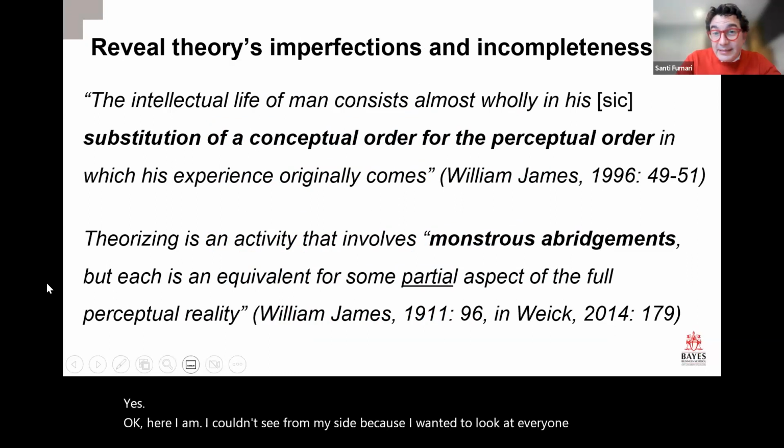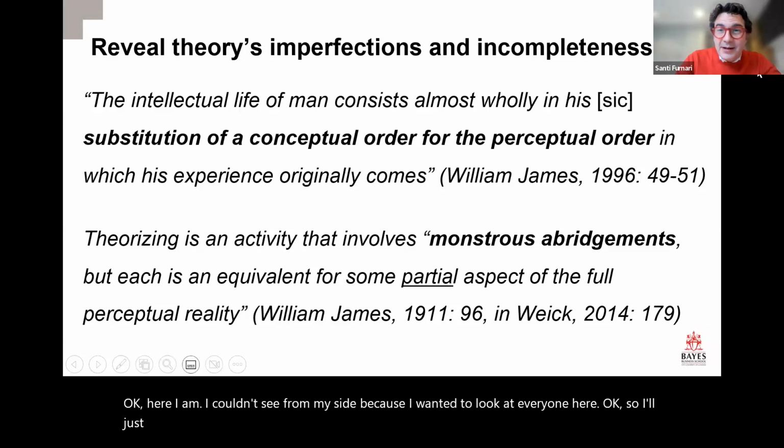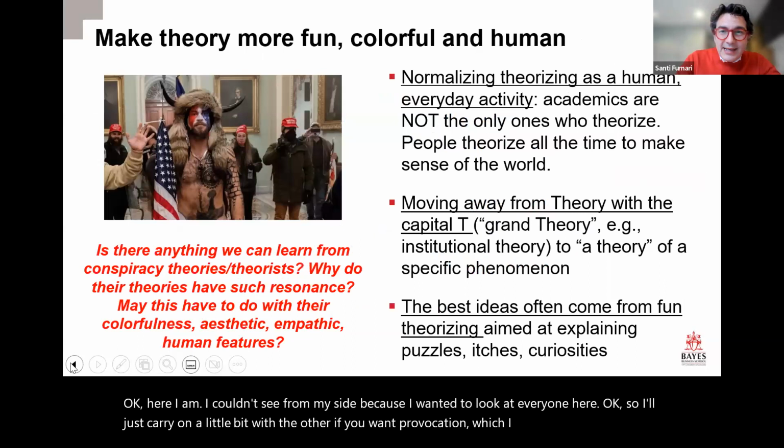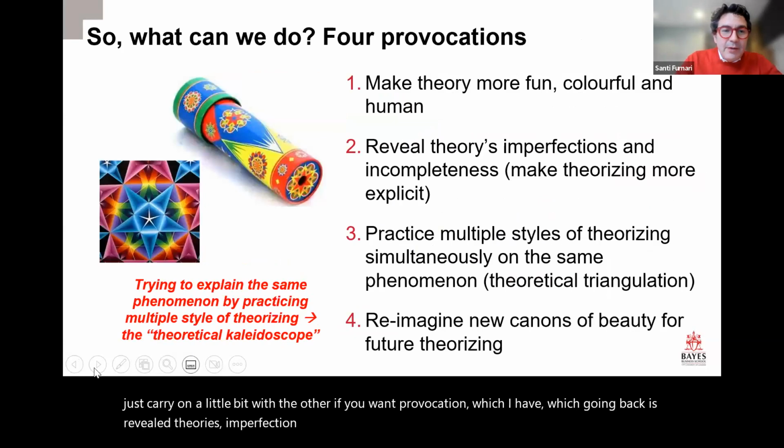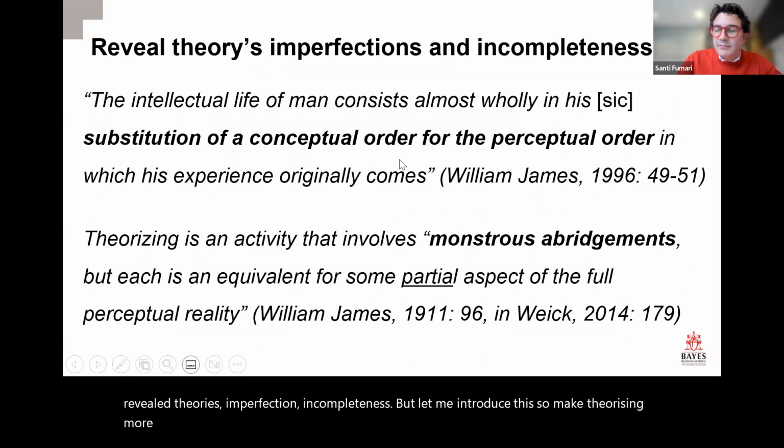Okay, so I'll carry on with the other provocation which I have, going back: reveal theory's imperfection and incompleteness. But let me introduce this: make theorizing more explicit. What does that mean?